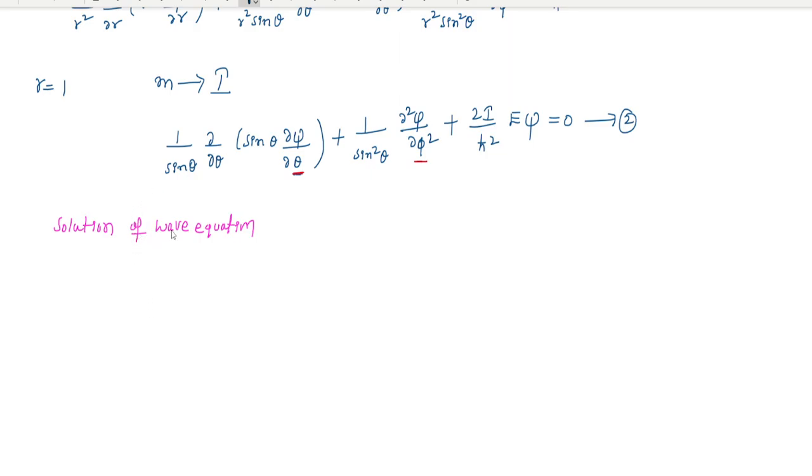That means the wave function psi of theta comma phi must be represented like this.